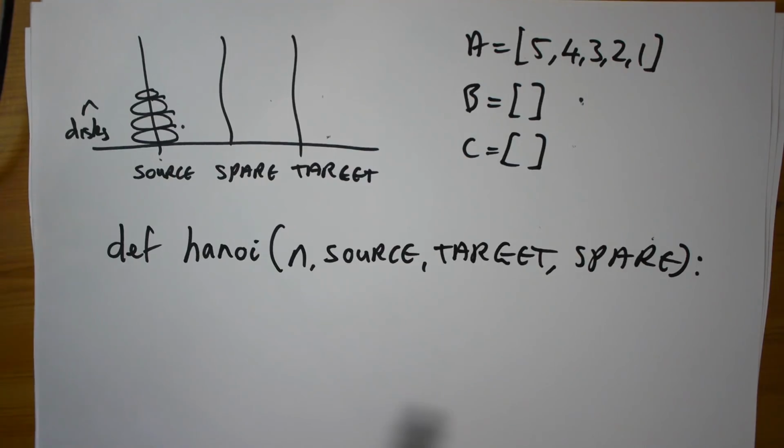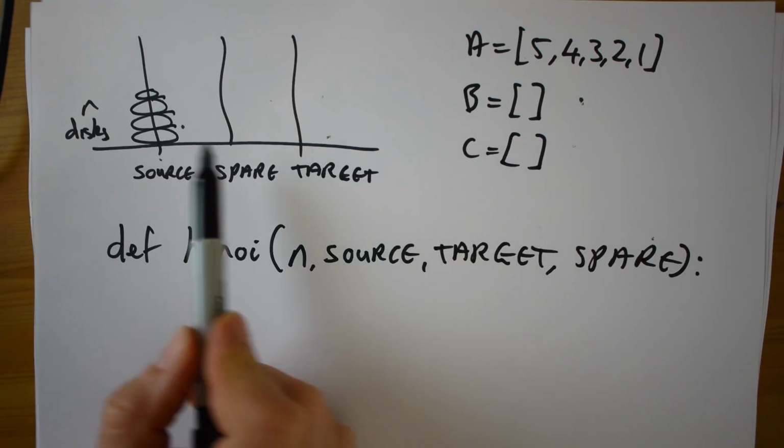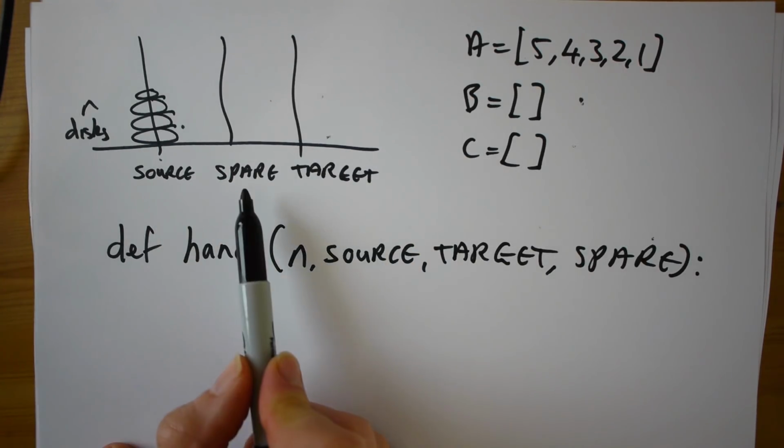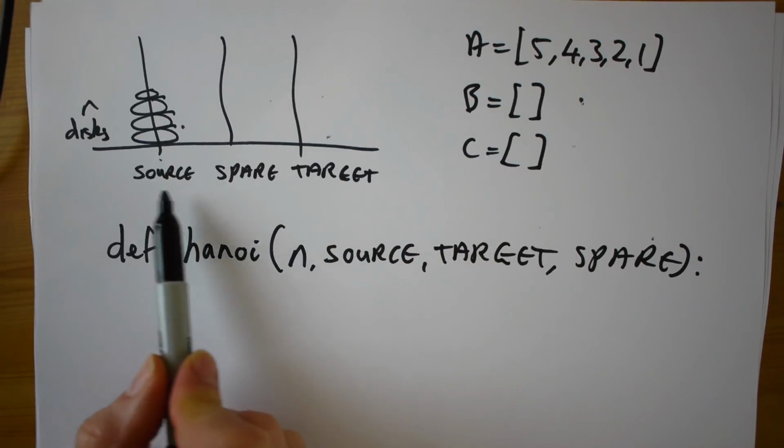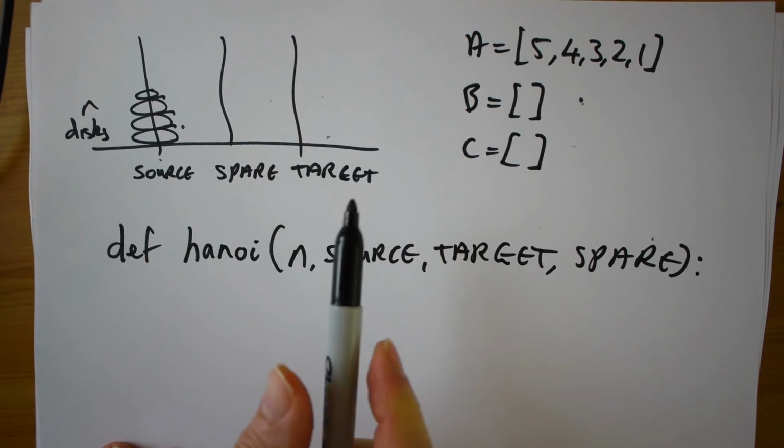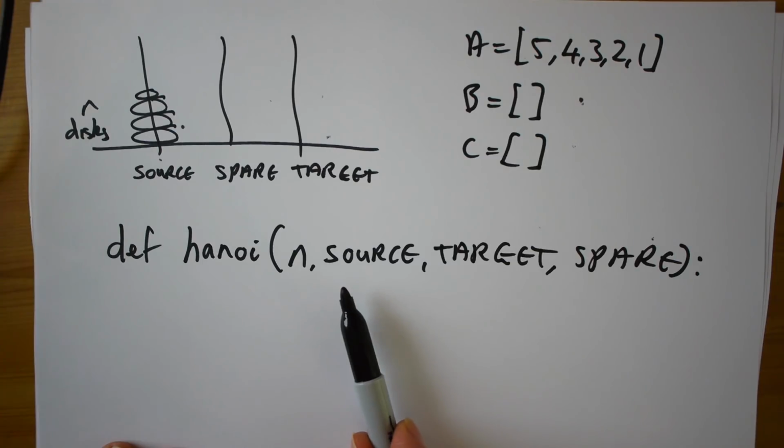So now that we've generalized our solution, we can write some Python code, we can write a function that will be able to do this for us, and it'll be able to count how many moves it takes to transfer the disks from one post to another. Let's have a think about how we're going to write this function. We have this little visualization here. We've got our three posts, source, spare, and target. Now these are the generic names of these posts that are going to go into this function.